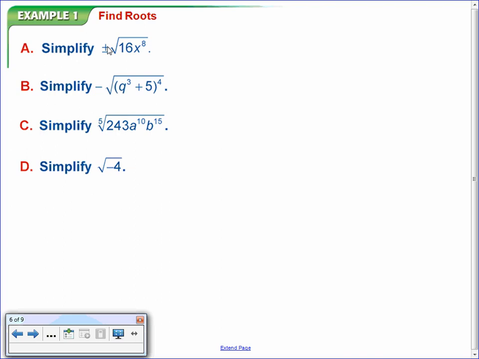Here we want both square roots, by the way, of 16x to the 8th. So we're looking for the positive and negative. Now 16 is 4 squared. So we're looking at the square root of 4 squared x to the 8th.